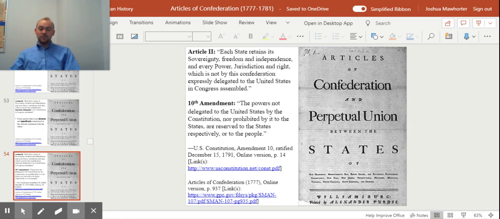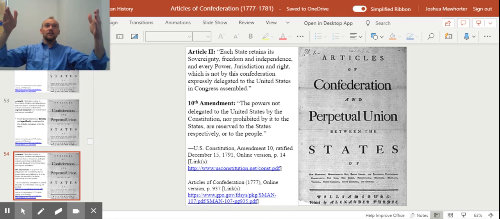Now, this will cause some trouble because later on, under the Constitution, Chief Justice John Marshall, within just a few years, will say the US government may actually do, by implication, whatever it wants, as long as the Constitution did not look ahead and speculate and predict every situation and say the government may not do this.